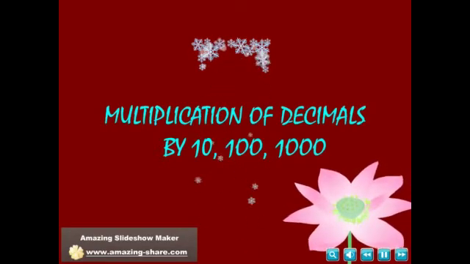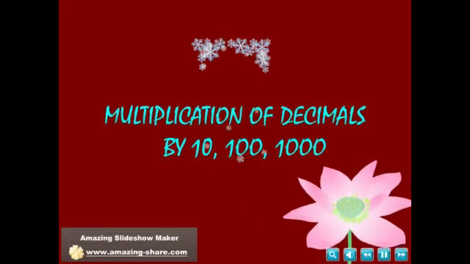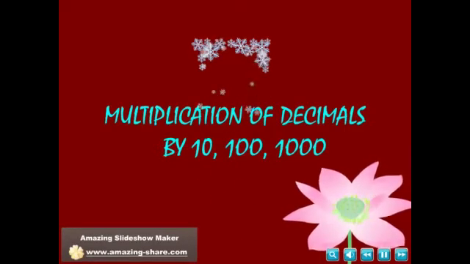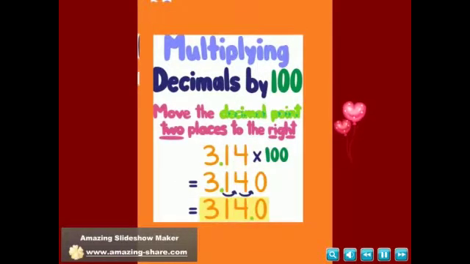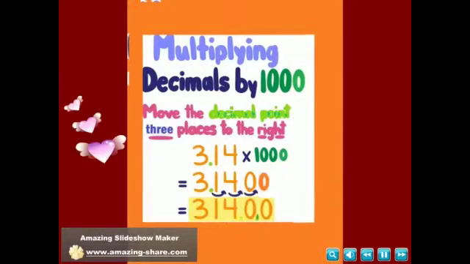Let us recall how to multiply a decimal number by 10, 100 and 1000. For multiplying any decimal number by 10, we have to move the decimal point one place to the right. For multiplying by 100, we move the decimal point two places to the right.